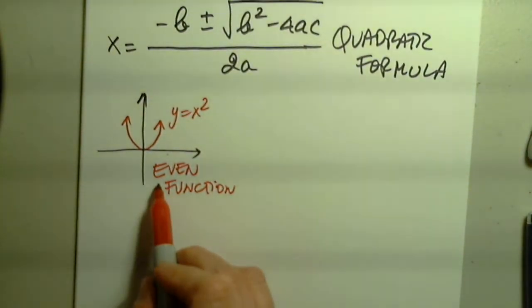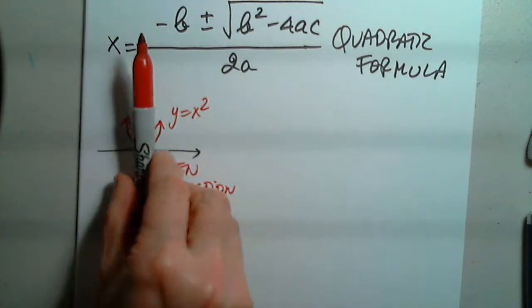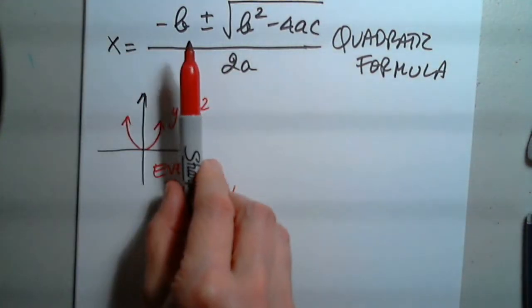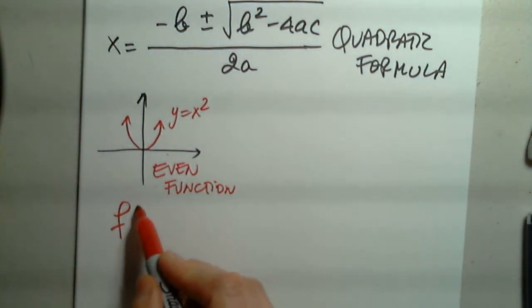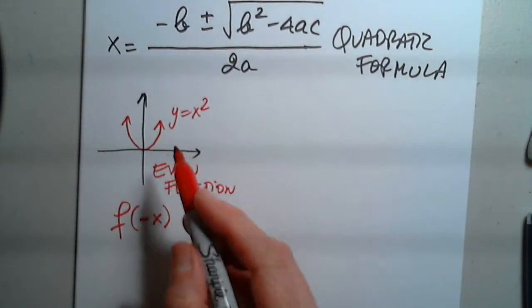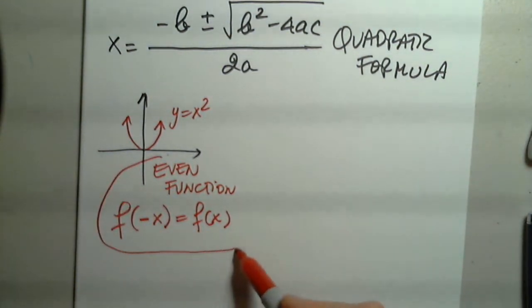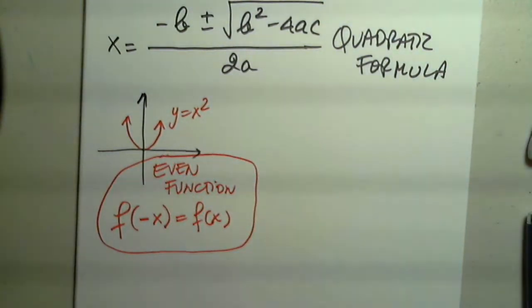It has nothing to do with even numbers. It means that it's symmetric with respect to the y-axis. It means that the function at negative x, if I replace x by negative x, I get exactly the same thing. And this is the condition for an even function.